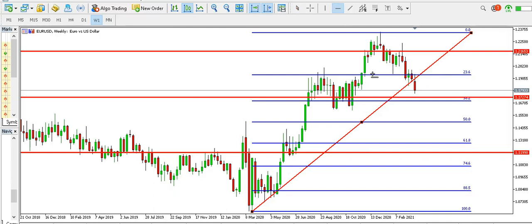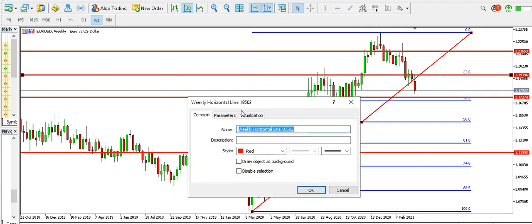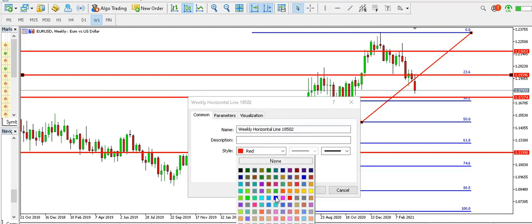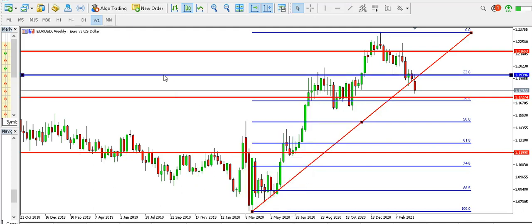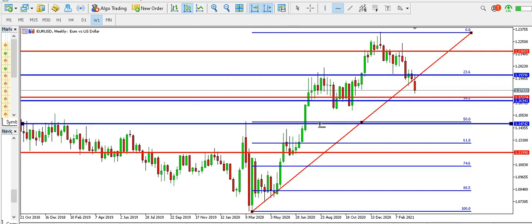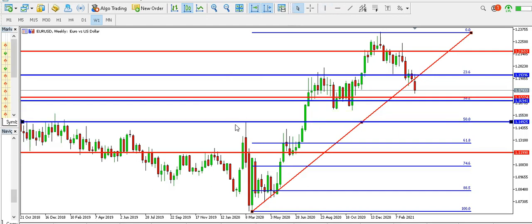So I'm going to mark out the levels with blue colored horizontal lines for my weekly Fibonacci levels. Okay. Alright, then I can easily paste this here. Okay, and the 0.